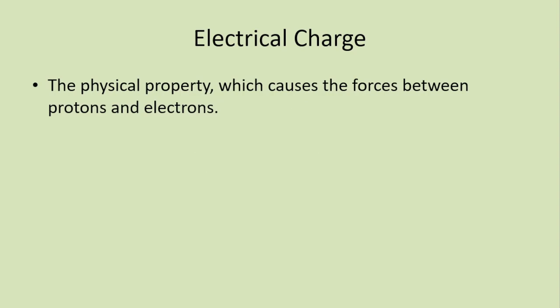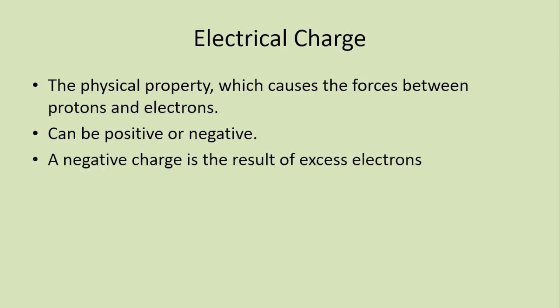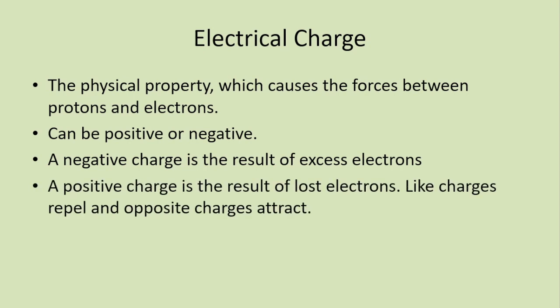So let's talk about electric charge and how it's the physical property which causes the forces between protons and electrons. This can be positive or negative. A negative charge is the result of excess electrons, meaning that when we have a negative charge, it's because we have a bunch of electrons. A positive charge is the result of lost electrons.